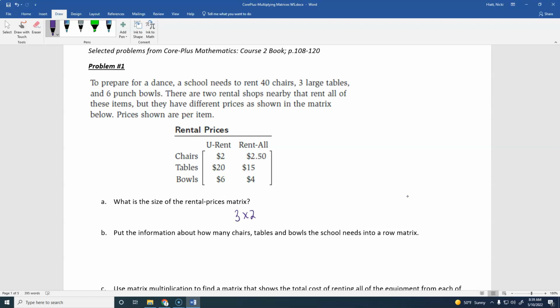Then it says put the information about how many chairs, tables, and bowls the school needs into a row matrix. So a row matrix would just be a matrix with 1 row. And we want chairs, tables, and bowls to match chairs, tables, and bowls here. So we'll do chairs here, tables here, and bowls here.